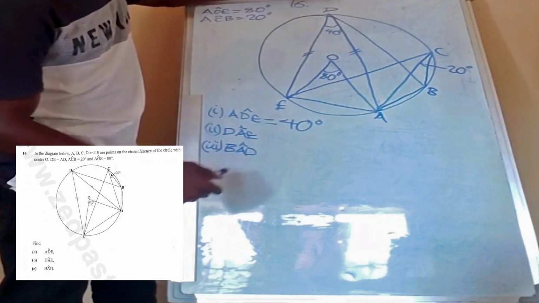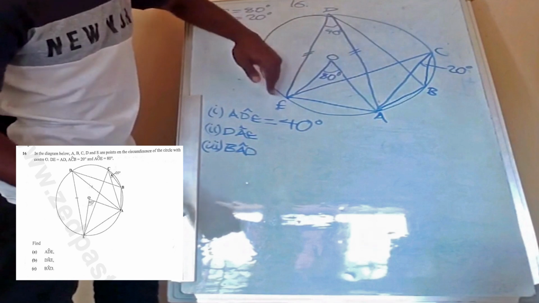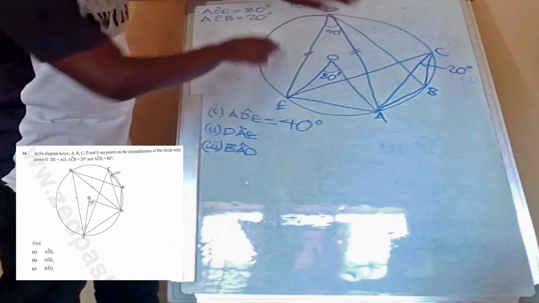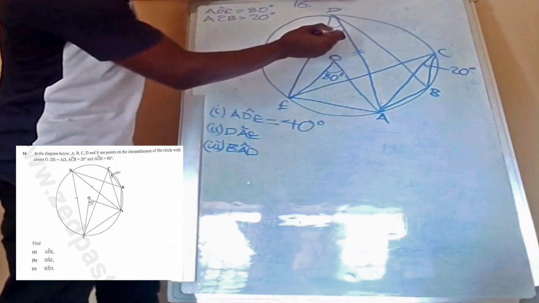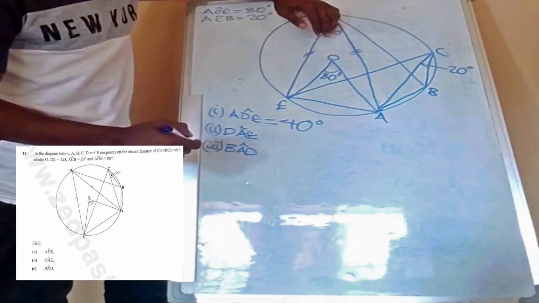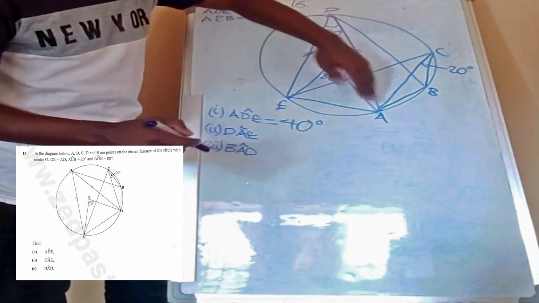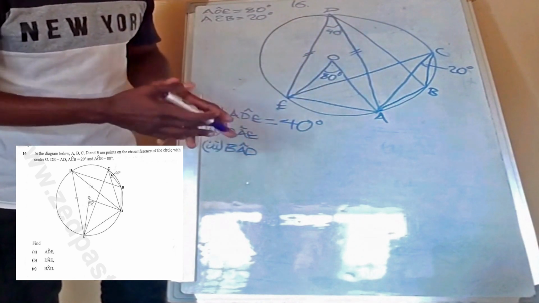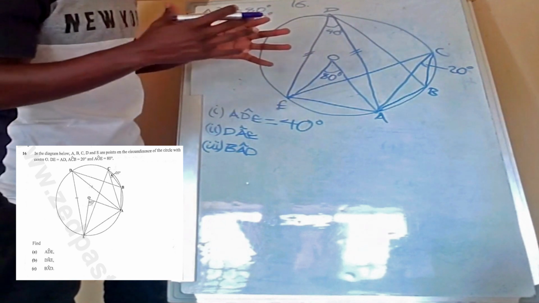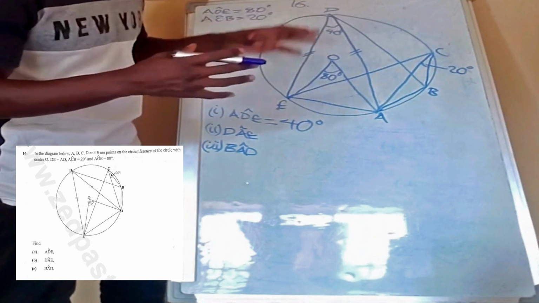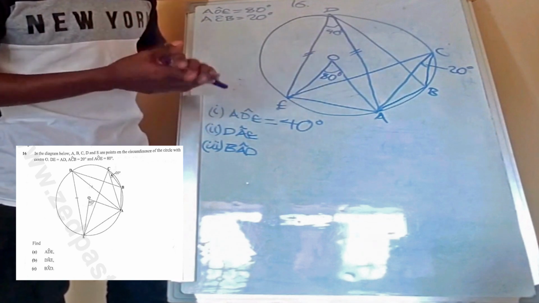And if you look at DAE, we've got a triangle. So to find the angles at the bottom, given the angle at the top there, and we're told both these angles are the same, we go by the principle of the sum of the angles in a triangle being equal to 180.